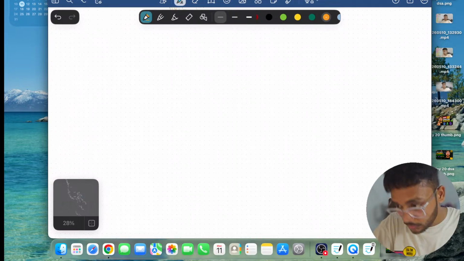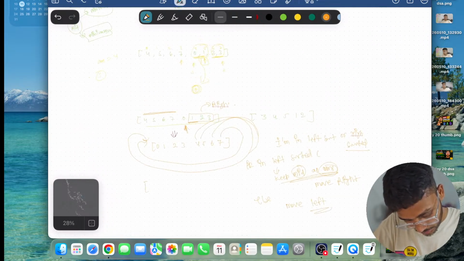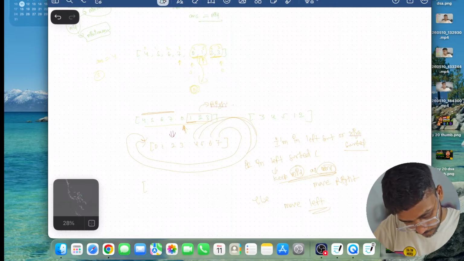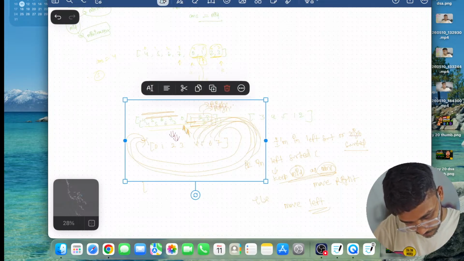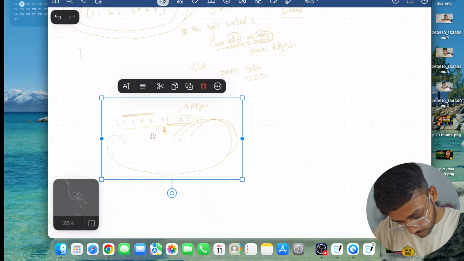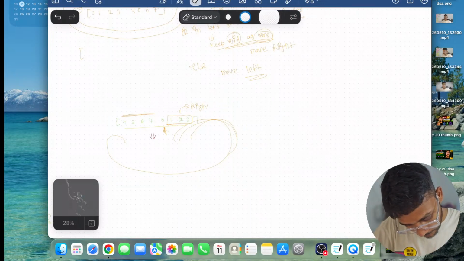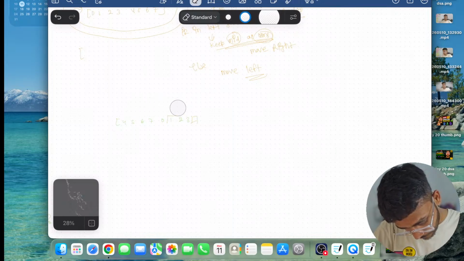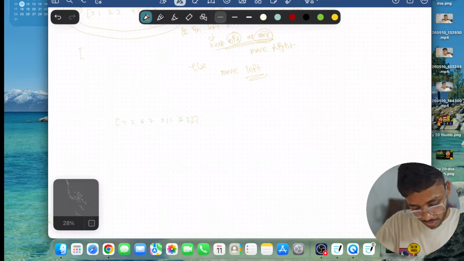Okay, let me do it. I need to pull this example first. Okay, so this is our example.